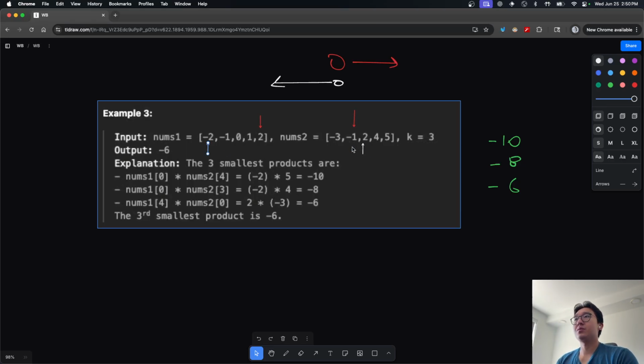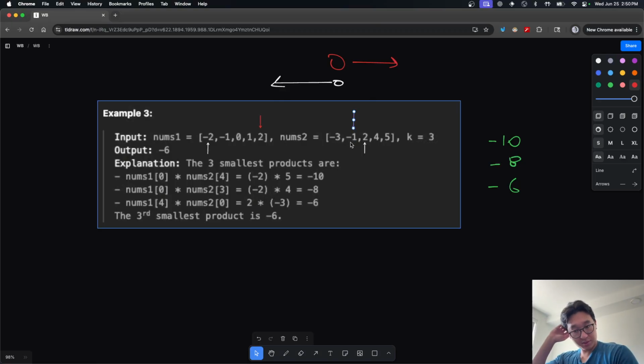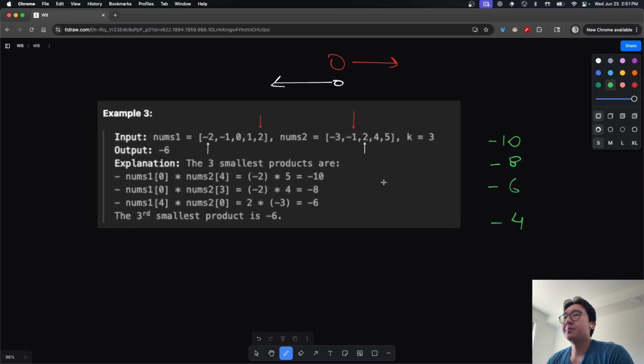Wait, why did I move? Okay, so at this point, -6 wins, okay? Yeah, but I still want to do -2 times 2. Oh wait, no. Now there's -4, right?